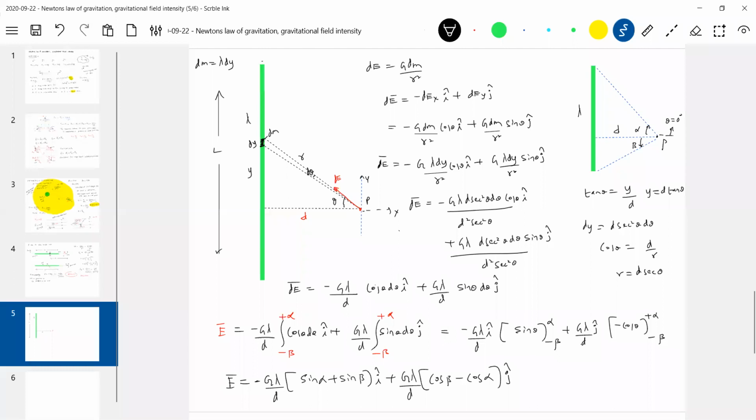Okay, so this will be minus cos alpha minus cos beta. Cos of minus beta will be cos beta only. Look at this, so there's one equation that we have ended up with here.